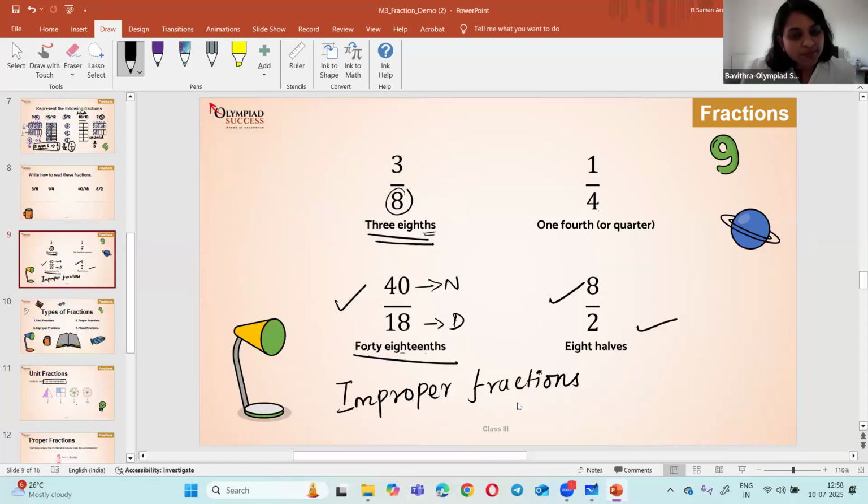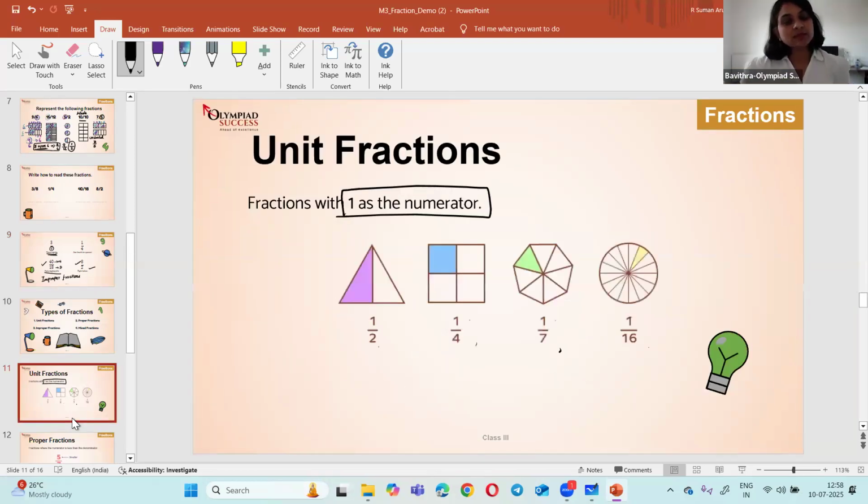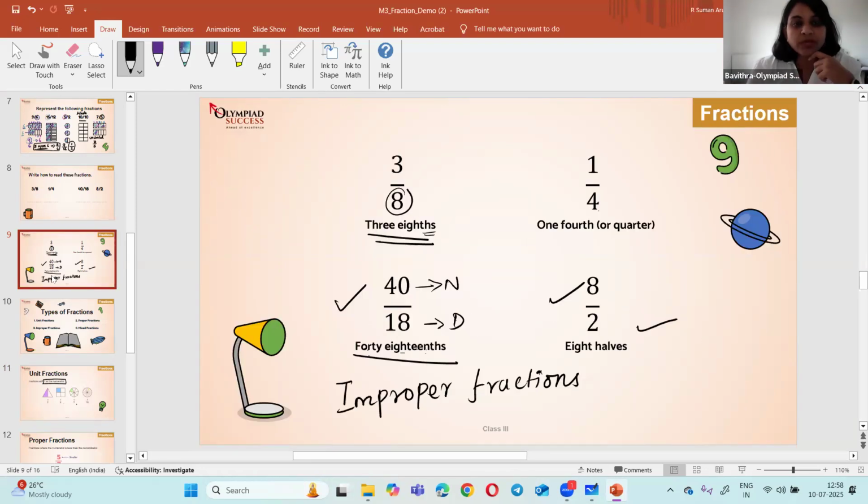How do we say this? Improper fraction, and one as unit fraction. Unit fractions. Very good, Jaiveer. Can you tell these to me again? Proper fraction, improper fraction, unit fraction.